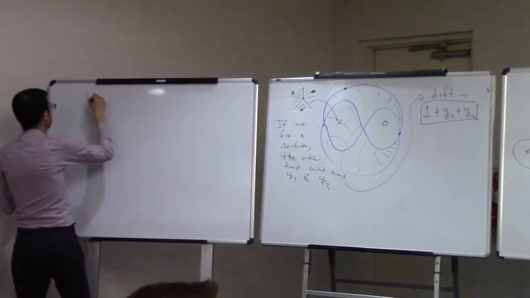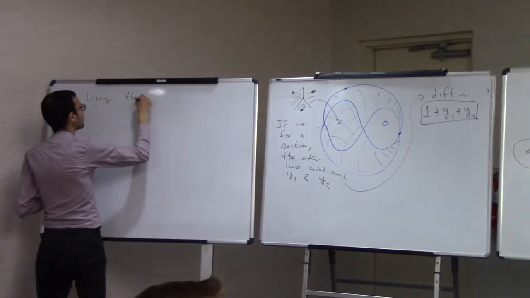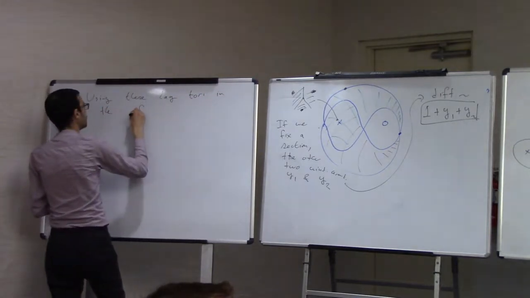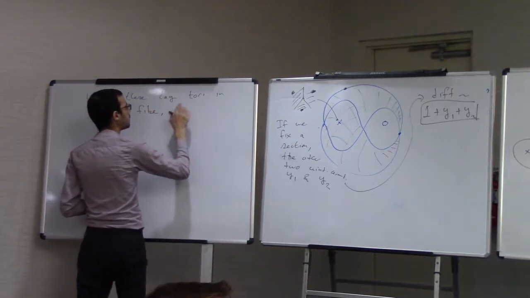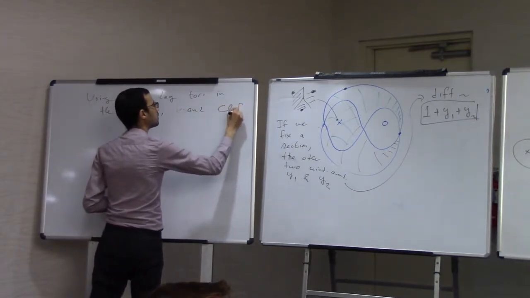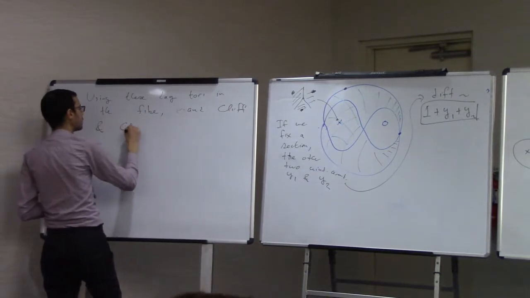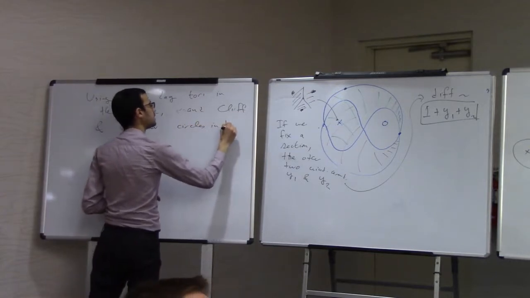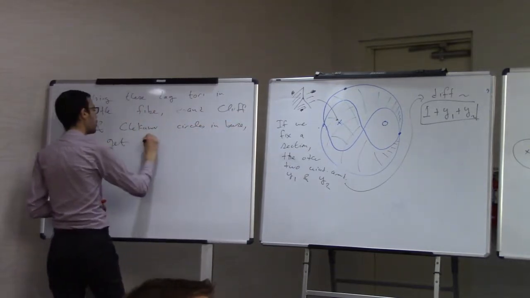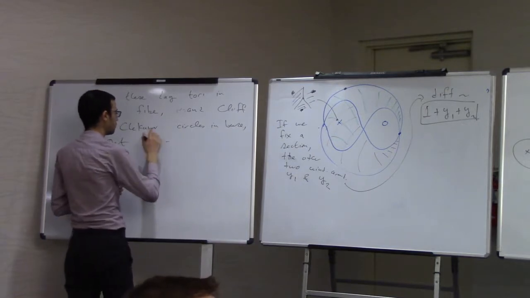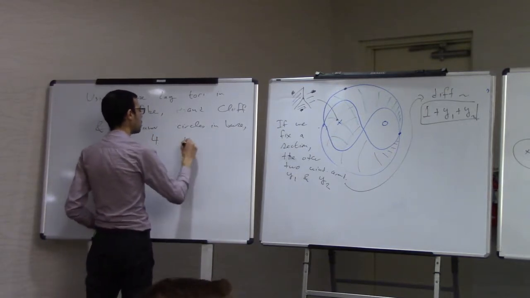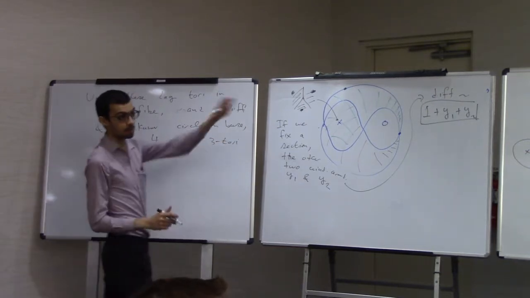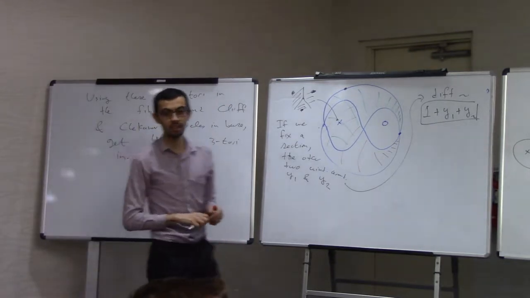So using these Lagrangian tori in the fiber, and the Clifford and Chekhanov tori, Chekhanov circles in the base, we get 4 Lagrangian tori, embedded Lagrangian 3-tori in our space. If there are any questions, I can. No.